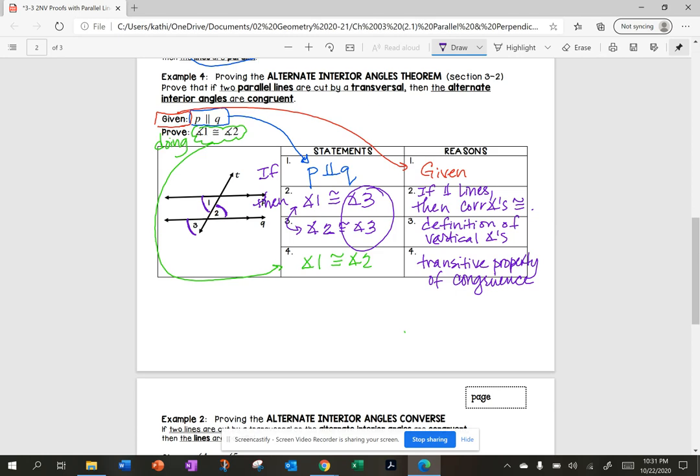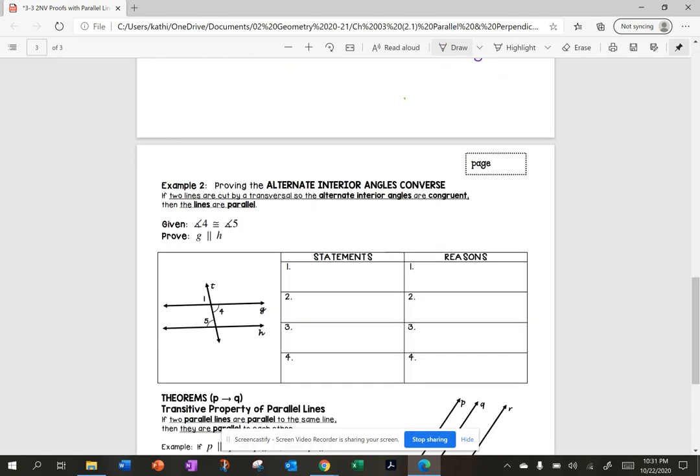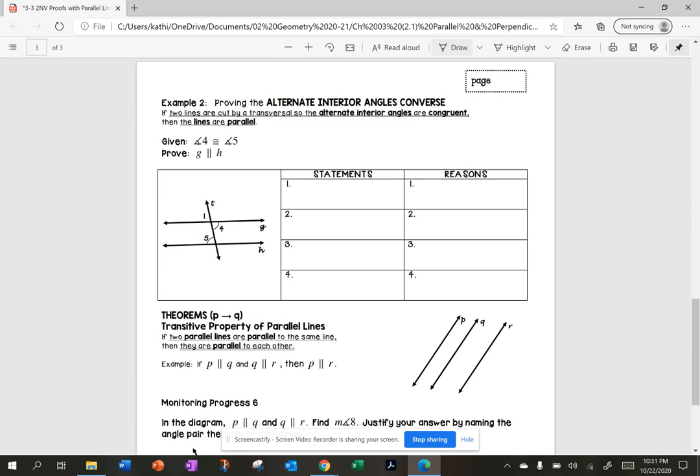Okay. Let's try another example. Same process. I want to start with, I am given that angle 4 is congruent to angle 5.